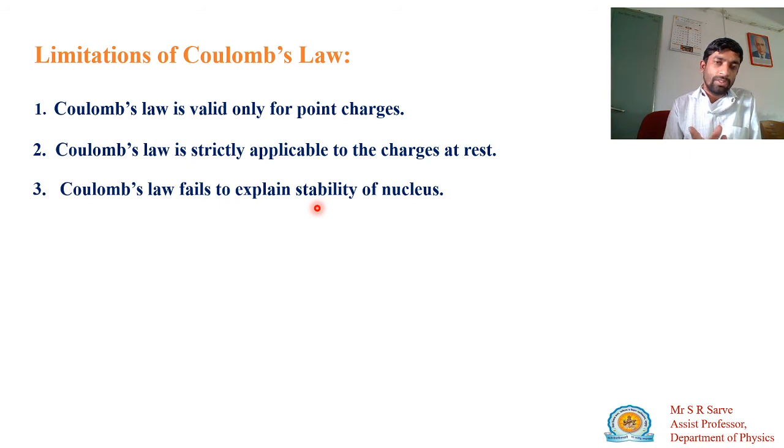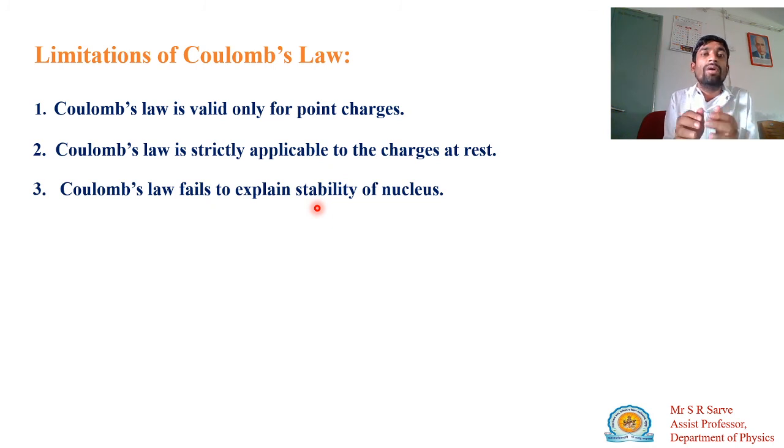If there are protons inside the nucleus, if we take any nucleus, what will it contain? Protons. And what will the protons do to each other? These are two positively charged particles. The nucleus consists of protons, and two similar charges will repel each other. The nucleus has a very small dimension, 10 to the power minus 15 meter. How can the same charges remain in the nucleus?